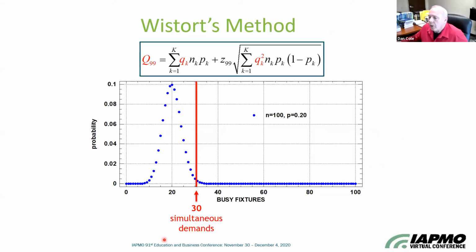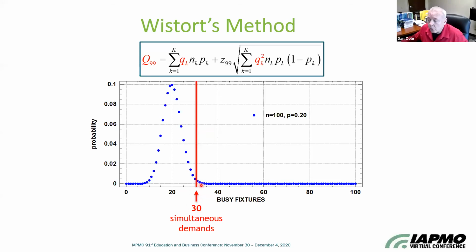So we created this bell curve. We found the number of fixtures used simultaneously in the 99th percentile. Then we had to multiply this number by the flow rate. We saw that was 120 gallons per minute for 500 fixture units.